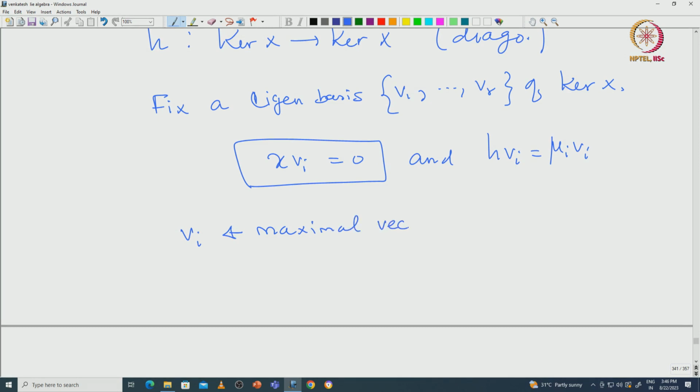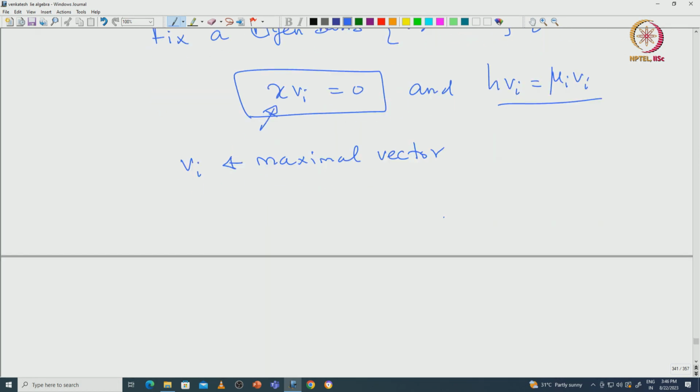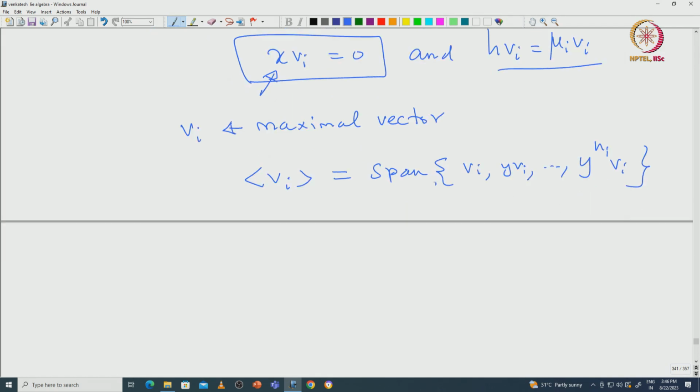Because X is killing it and H is acting as a scalar, this Vi naturally becomes a maximal vector. If we have a maximal vector, going back to our irreducible representation argument, we will be able to generate the sub representation generated by Vi. You can prove this is the span of Vi, Y Vi and so on up to Y to the power n i Vi. In particular, this sub representation will become irreducible.